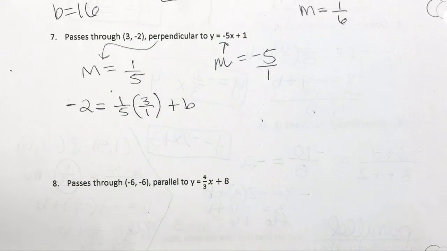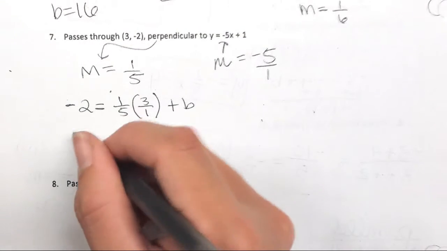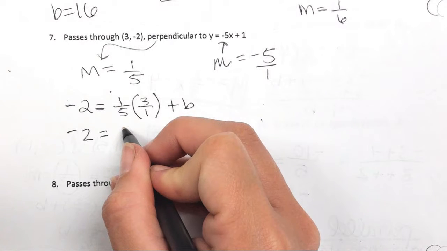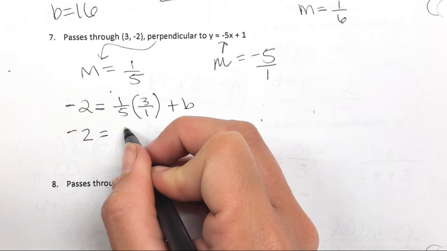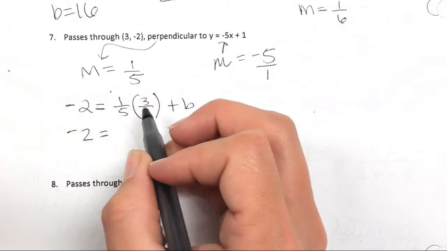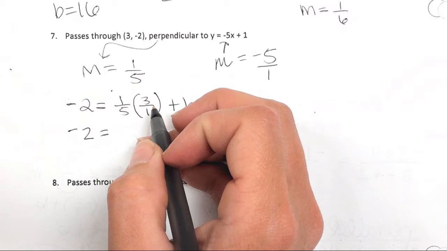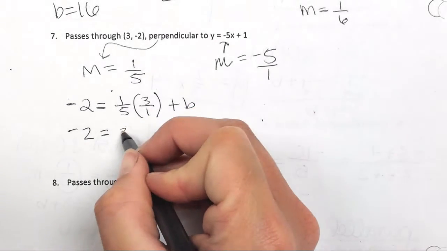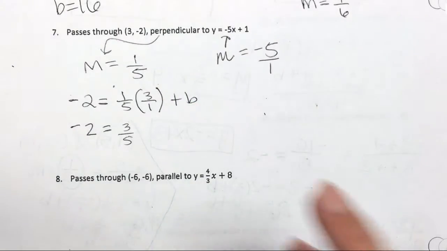Alright, tell me what this would be multiplied together as a fraction. It would be 15. Let's go back to my trick that I was talking about. What problem was that on?